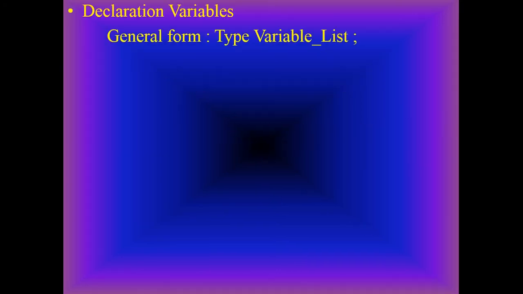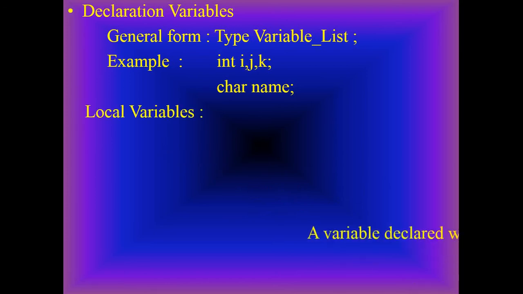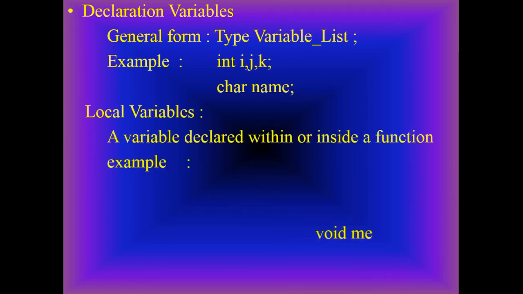Next, declaration variable. I will just try to show everything. So we have two types of declaration variable: the global and the local variable.